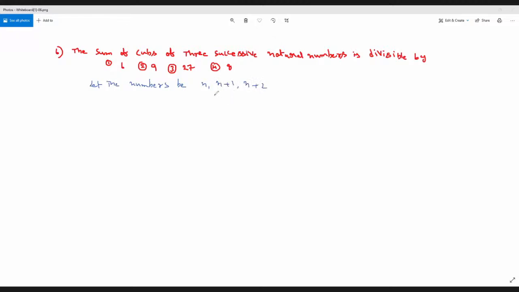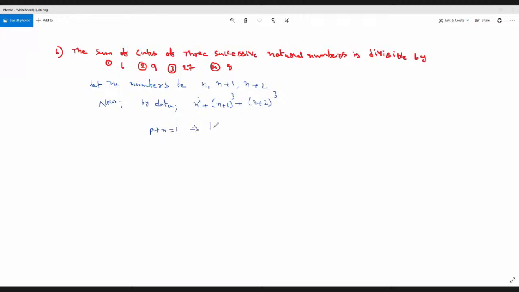According to data, sum of cubes of 3, so now it is n power 3 plus n plus 1 whole power 3 plus n plus 2 whole power 3. If n is equal to 1, consider. Put n is equal to 1, consider.